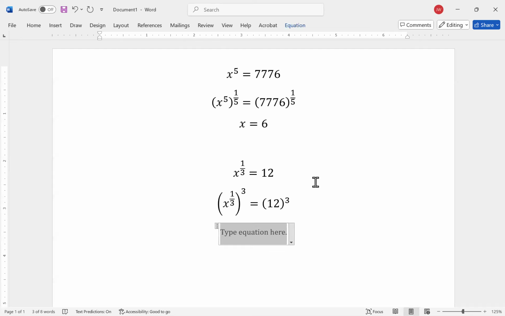Again, I'm assuming all these bases are positive when I solve this. If I didn't explicitly state that before, we're going to assume our variable is positive. And 12 raised to the third power is 1,728.